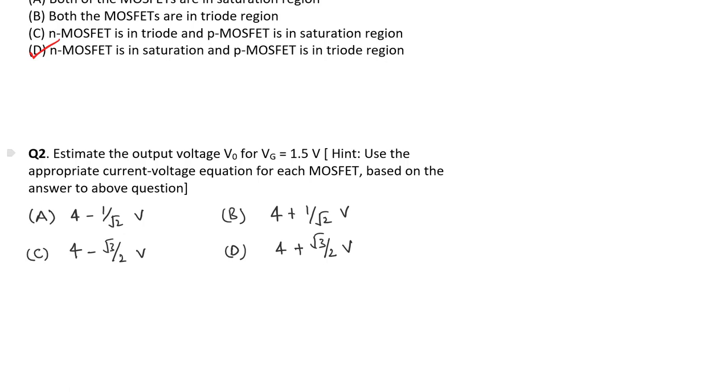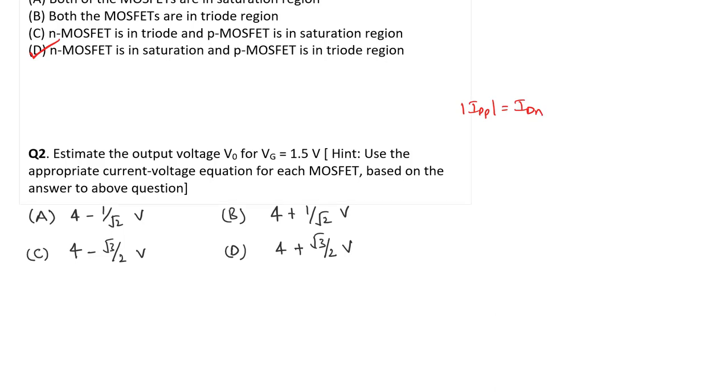Use the approximate current voltage equation for each MOSFET based on the answer to above question. In above question we have taken NMOS in saturation, PMOS in triode. So if you take the same current equations, we are going to get the output voltage now. So let's equate the current, because current flowing through PMOS should be equal to current flowing through NMOS. So magnitude of IDP should be equal to IDN.